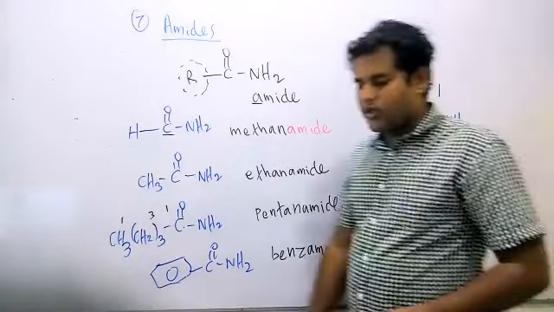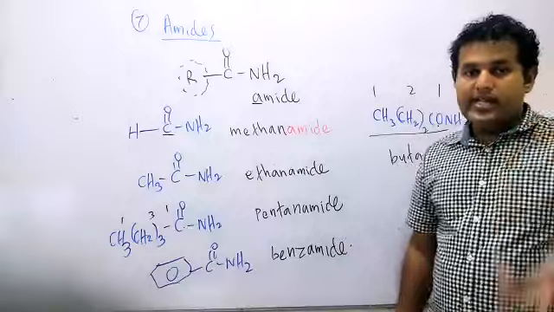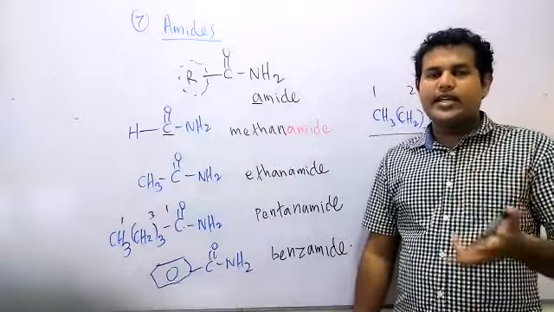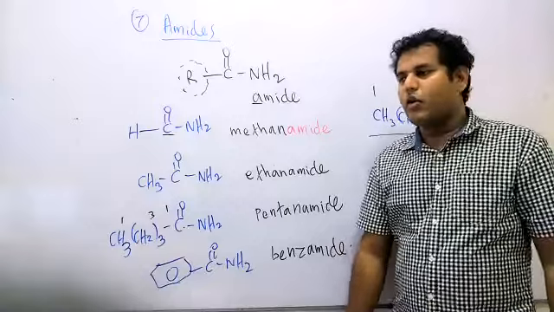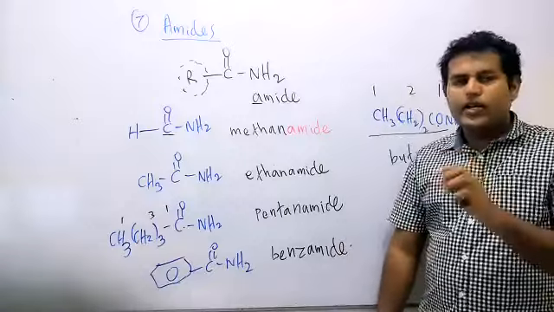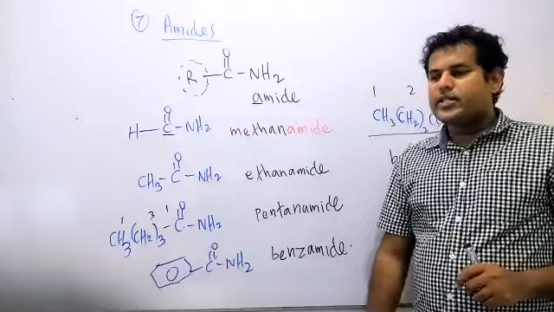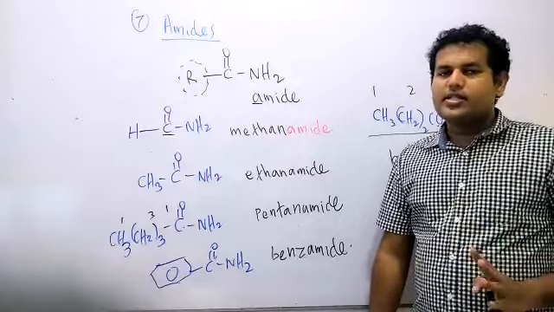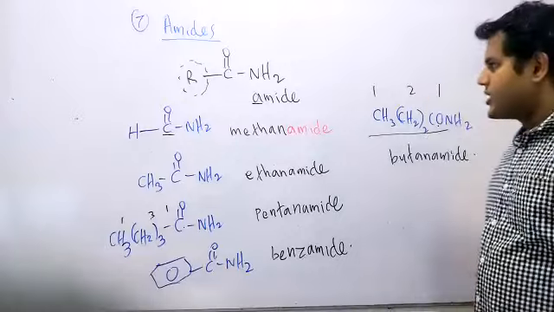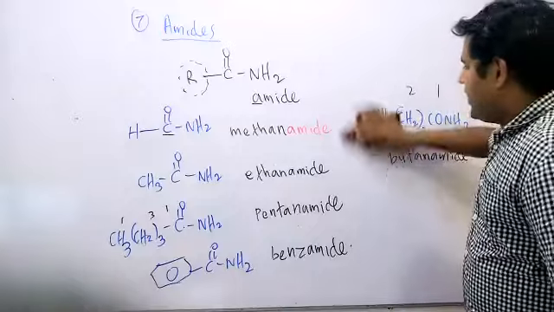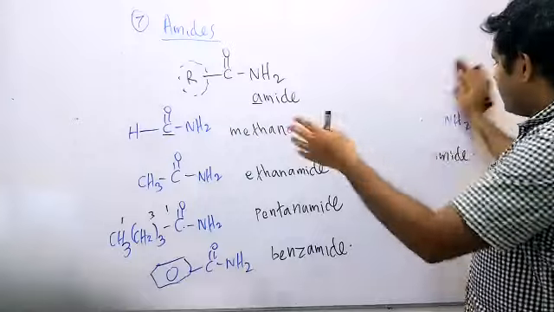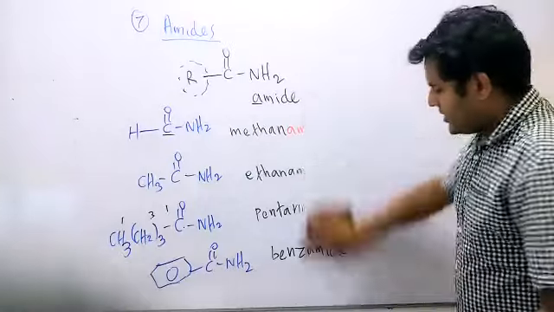The next one is very important. That is esters. The nomenclature of esters is a bit different and difficult. You are going to learn one important nomenclature type, the nomenclature of esters. Remember, this will be a different session. This pattern will not be available in esters.